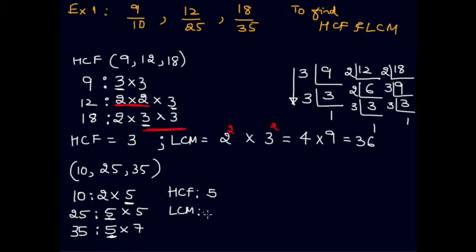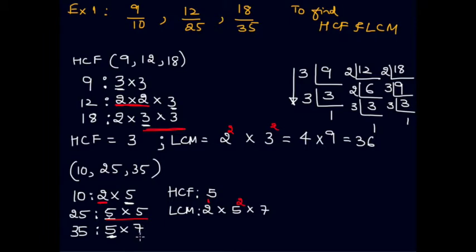LCM, first let's list out all the different factors that we have. It's 2, 5, 7. So 2 is repeated, looks like just once. Let me choose a red color to show that. 2 is repeated only once here, so 1. 5 we have 2 times in 25, so 2.